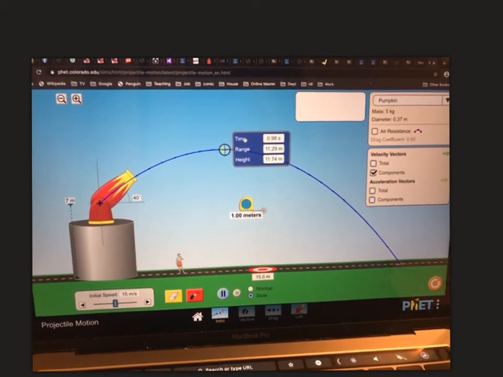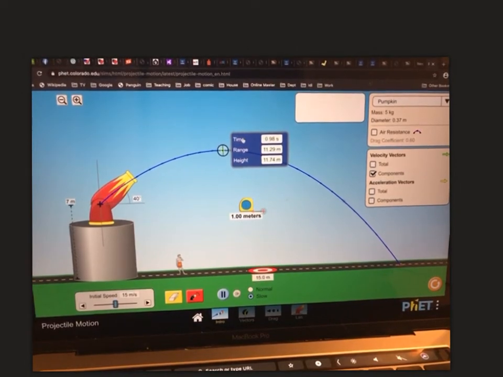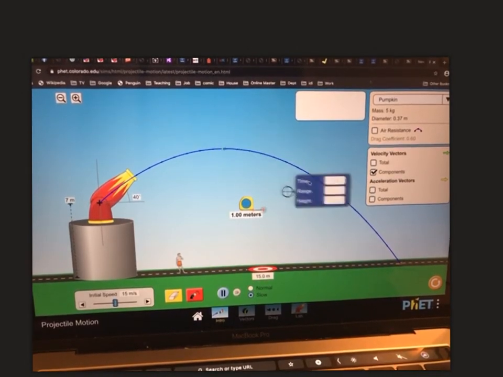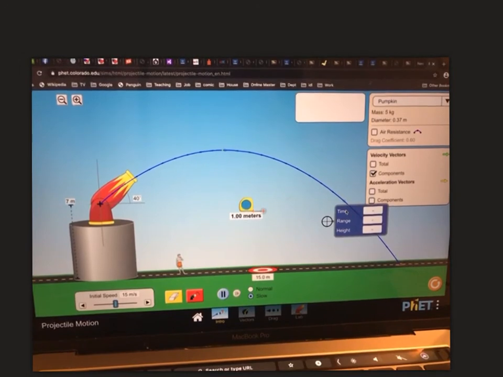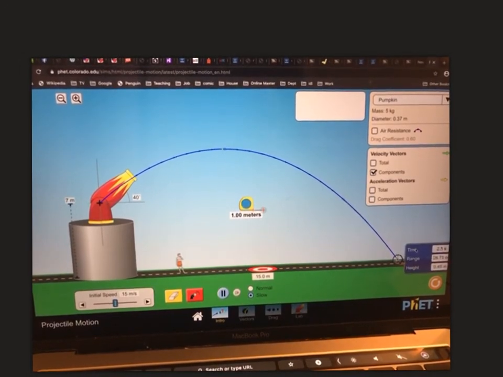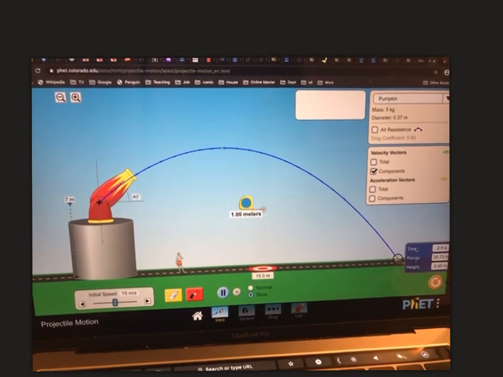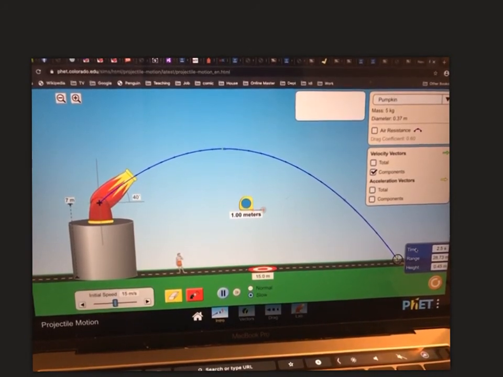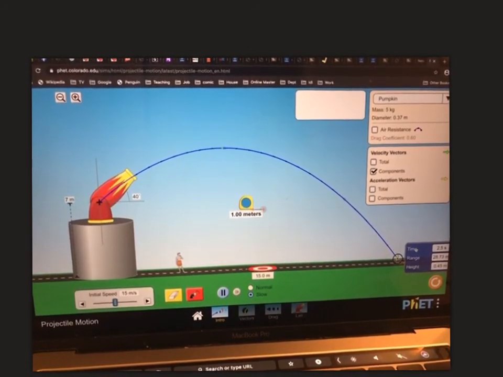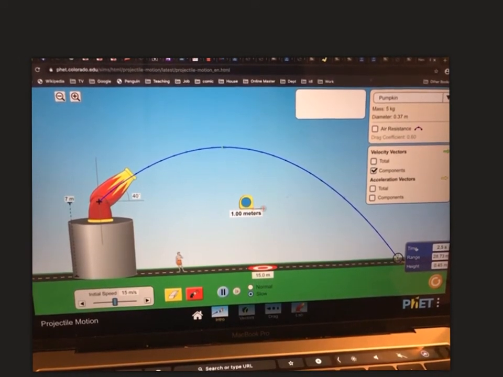And once again, it's a little under 1 second. And then I can come back down here, and it's 2.5 seconds. So it takes longer to get from max height to the ground than it did to get from the initial position up to max height. So this symmetry no longer exists, so you have to be careful of that.